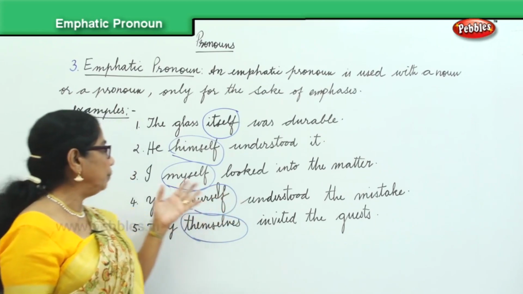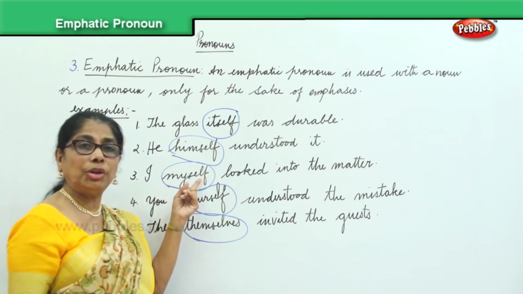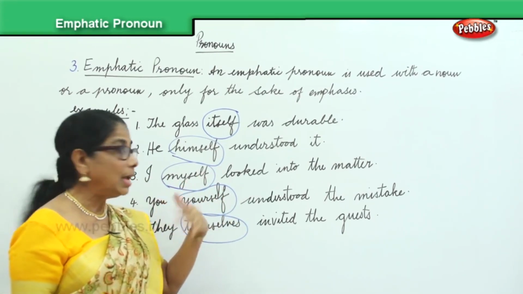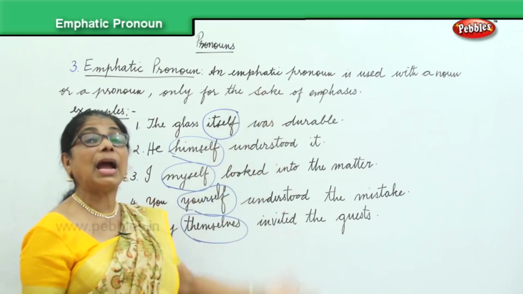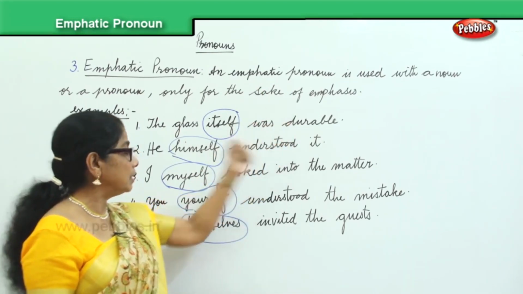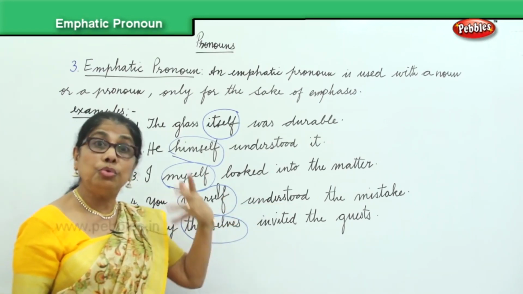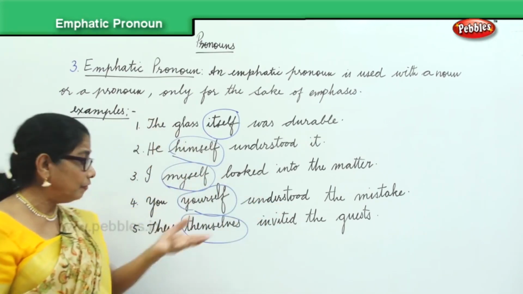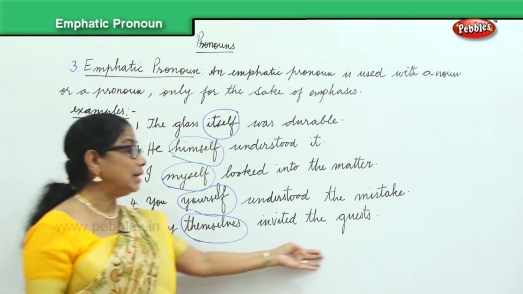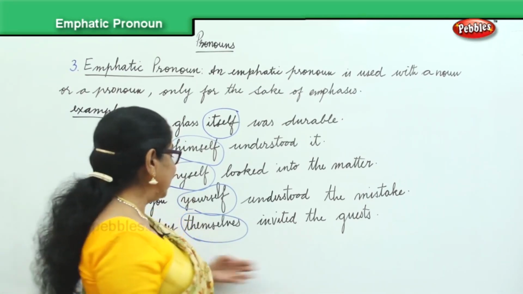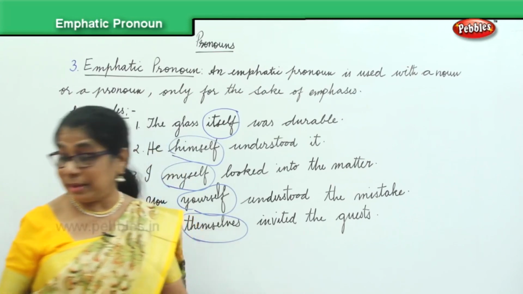understood. That nobody told him. I myself looked into the matter. I want to say I looked into the matter. You are emphasizing I myself. You are giving emphasis. You are saying you understood the mistake. You are saying you yourself understood. You are emphasizing. They visited the guests, invited the guests. They themselves invited the guests.